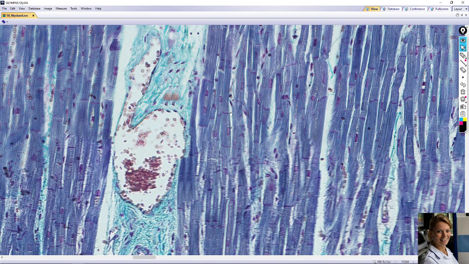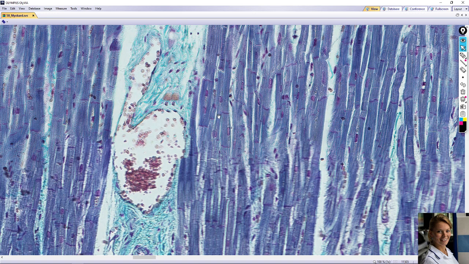Via the cardiac intercalated discs, the cardiac muscle cells are connected into a network and form the cardiac muscle fibers.